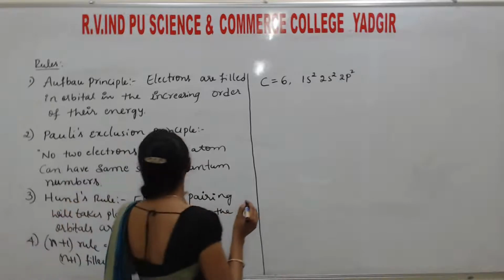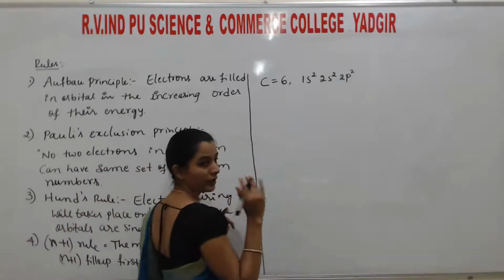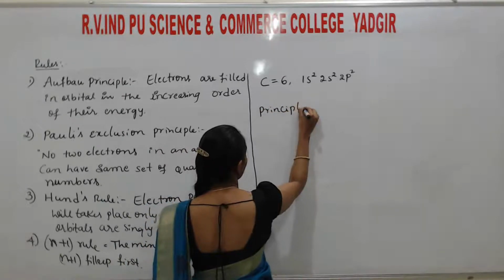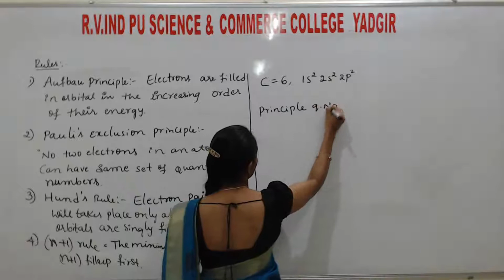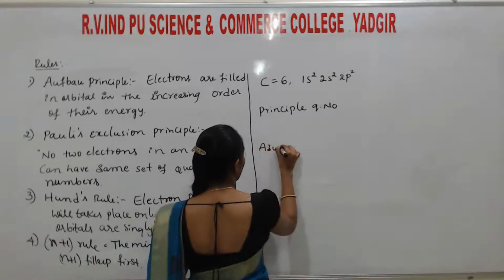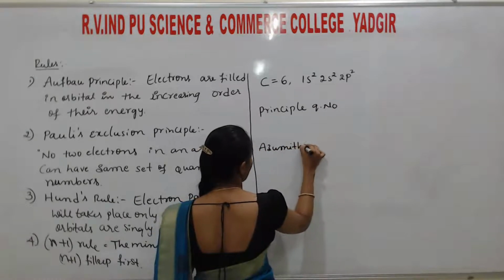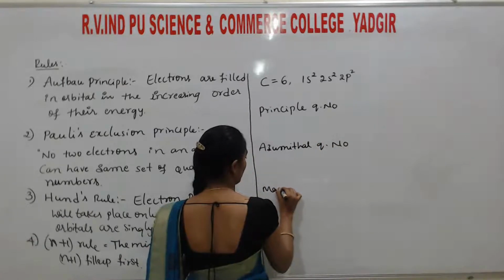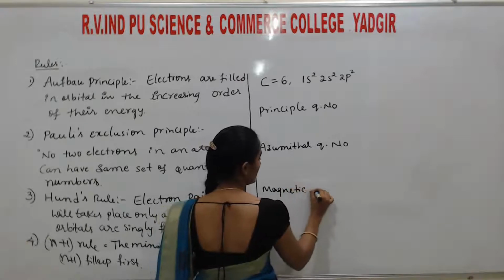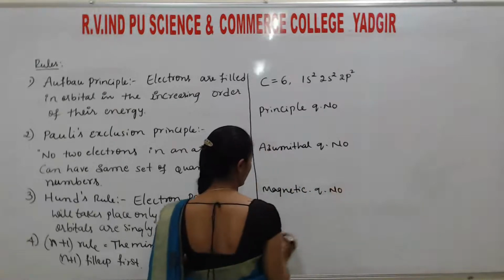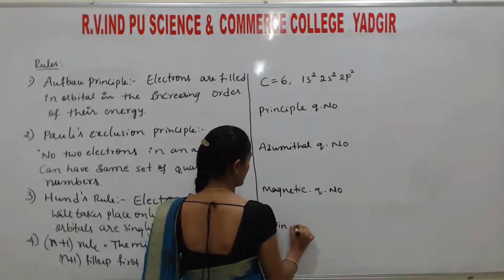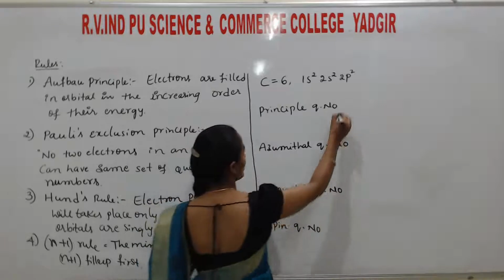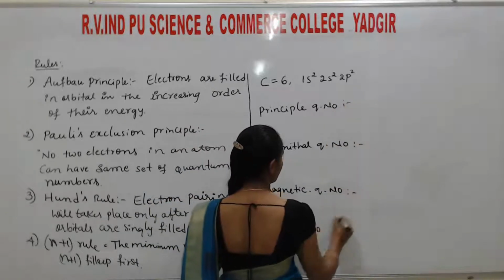There are four types of quantum numbers: the principal quantum number, the azimuthal quantum number, the magnetic quantum number, and the spin quantum number.